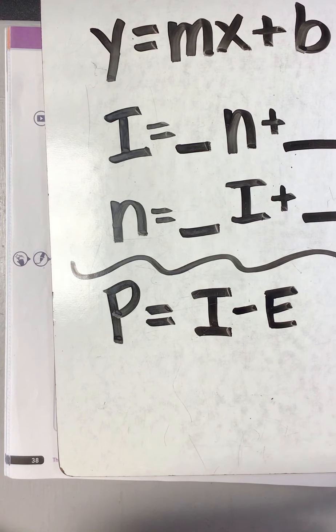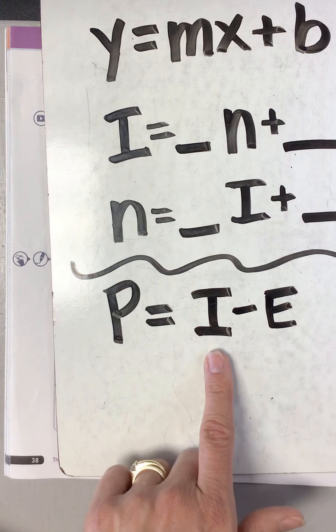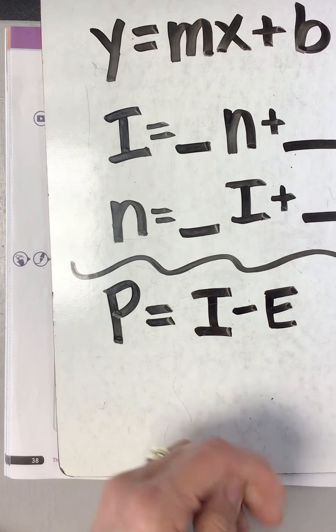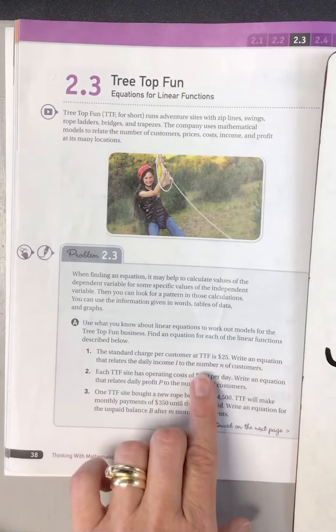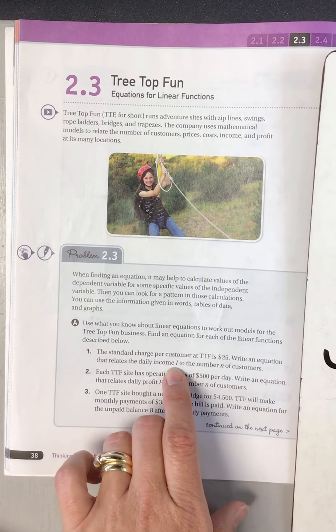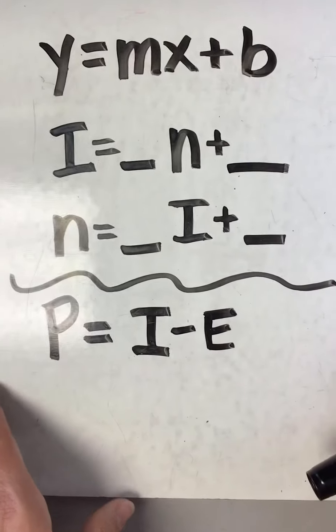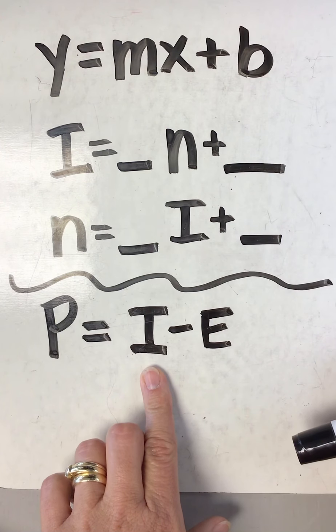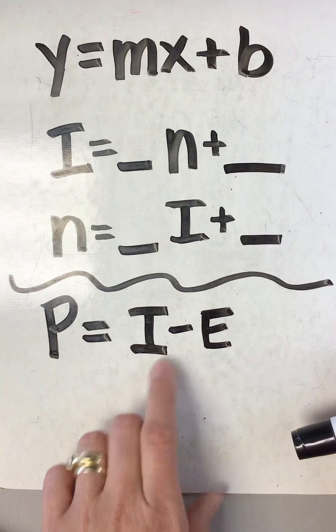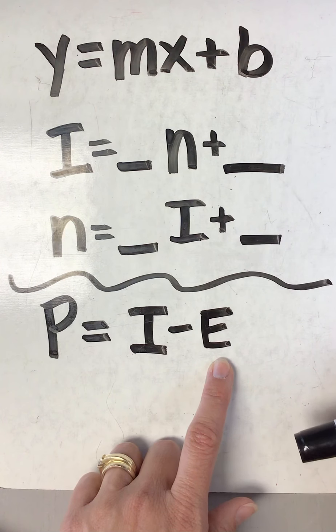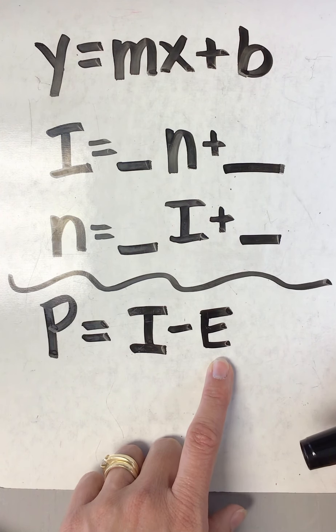It's the amount of money they get to keep. Income is how much money they bring in from their customers. So in the example up here, they talked about income because it's how much money their customers are paying them. Your income, you only get to keep the amount of money after you have paid all of your bills. And your bills and things that you have to pay are expenses.